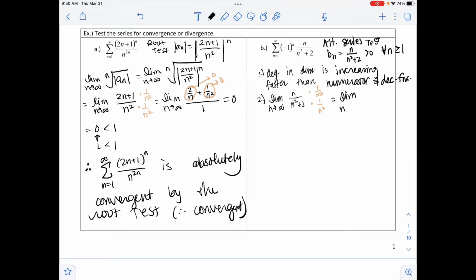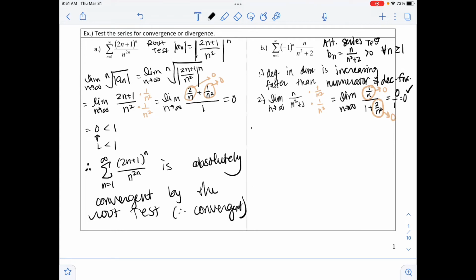So we have the limit as n approaches infinity of 1 over n over 1 plus 2 over n squared. And again, remember, as you take that limit, both 1 over n and 2 over n squared converge to 0. And so this is going to be equal to 0 over 1, or just 0, which is the second thing that we needed to show.